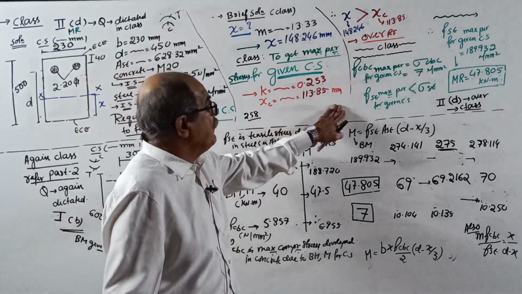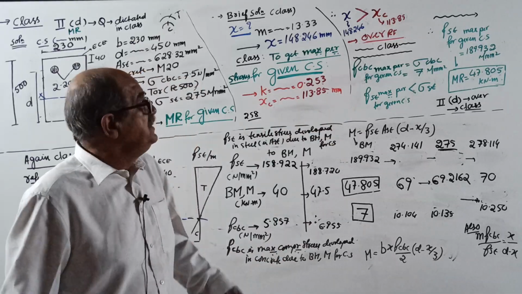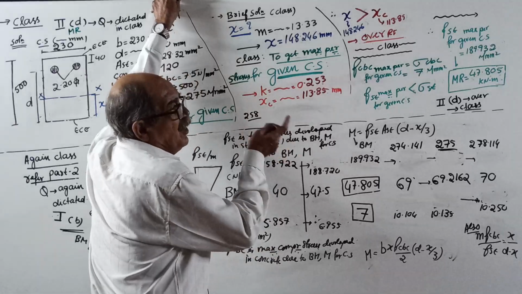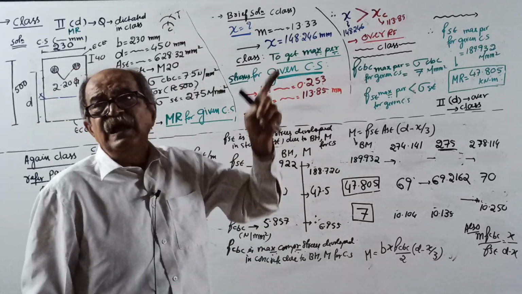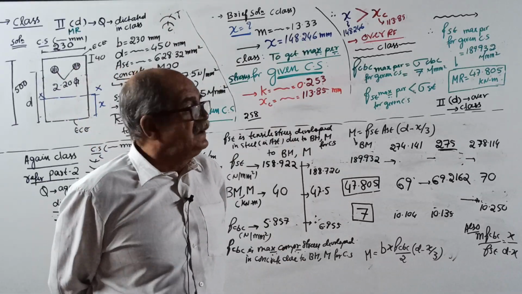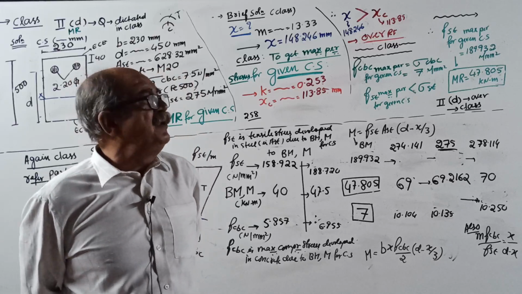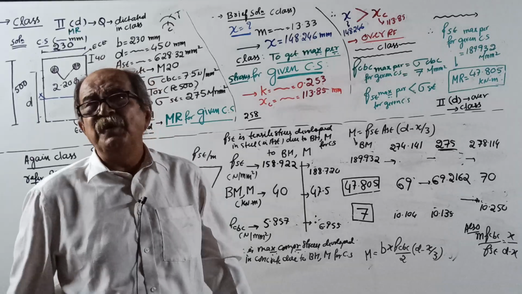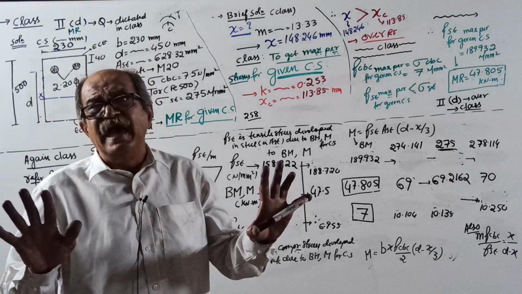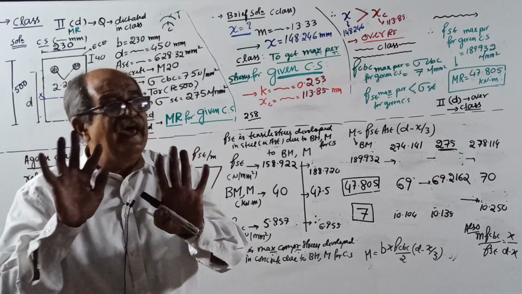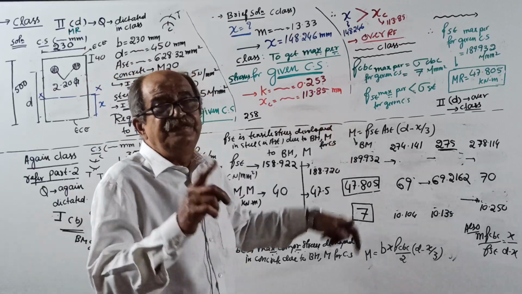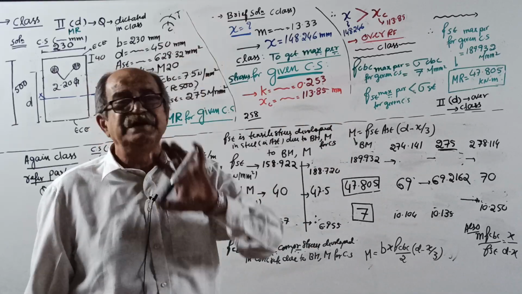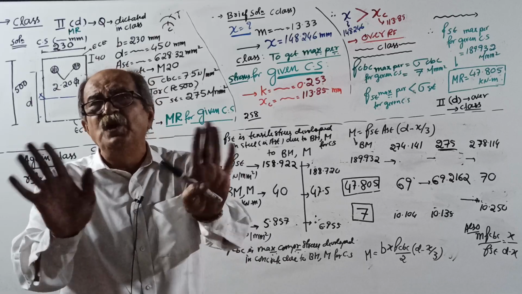Remember, in singly reinforced, I told you, you get an expression for M in terms of compression and also tension. In doubly reinforced, the expression for M in terms of compression is there. In terms of tension, some will say it is not there. No, it is there. How it is there, I will take as extra class information. But I will advise everybody, don't do it.